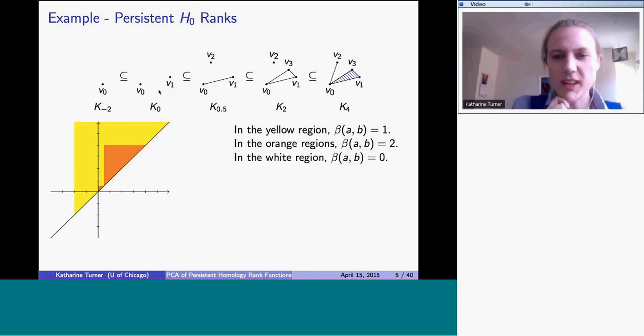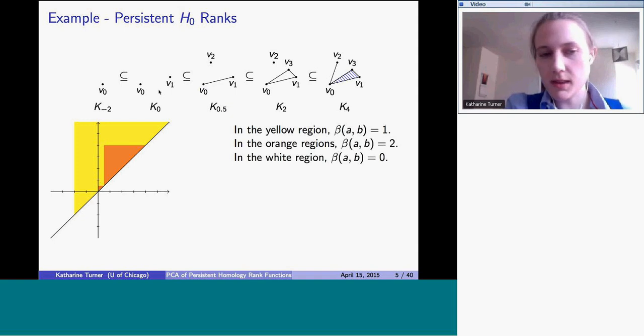This is not looking at a distance function type of filtration. This is just a made-up example to try and illustrate what these things look like. At the top, we have this filtration K sub t, and we're capturing the information and just describing it as a function above the diagonal on the plane.